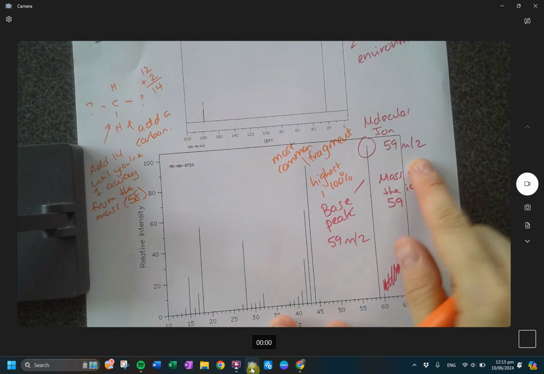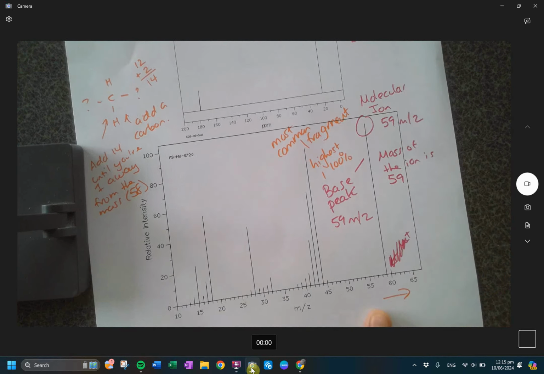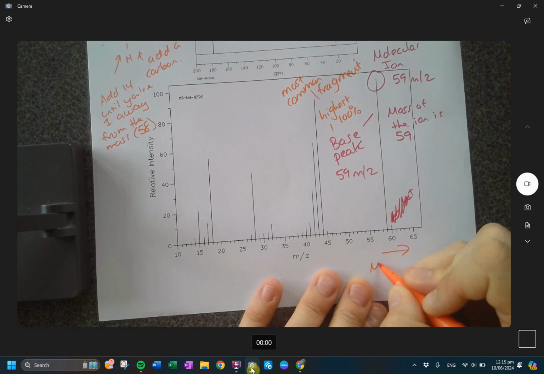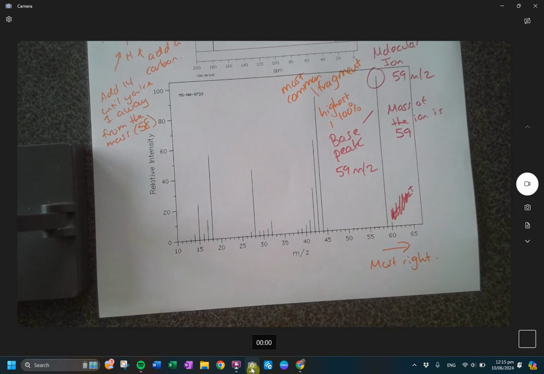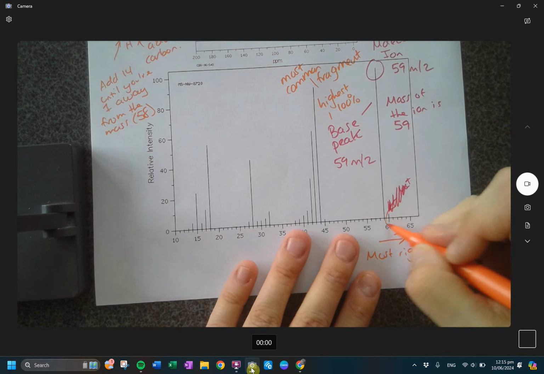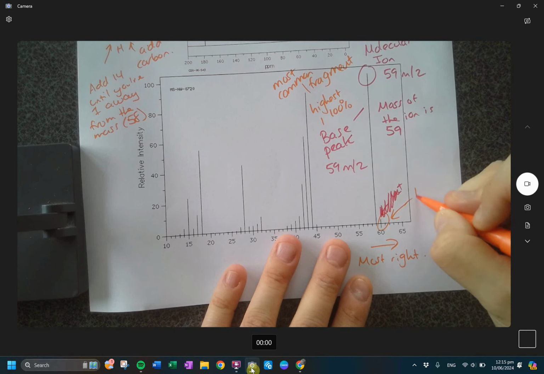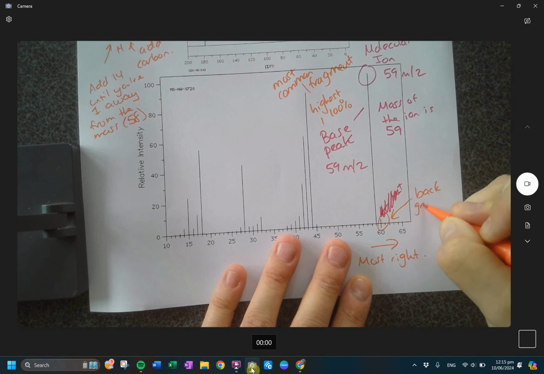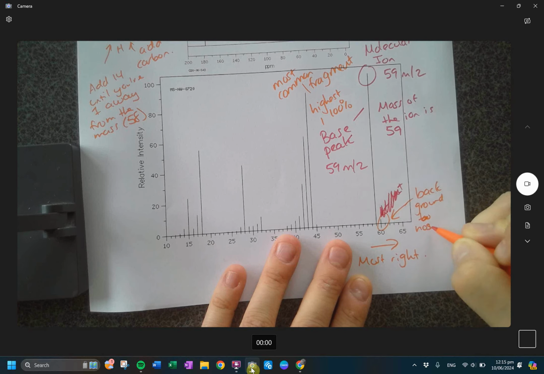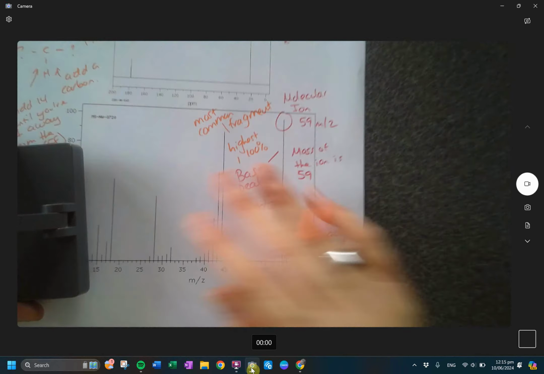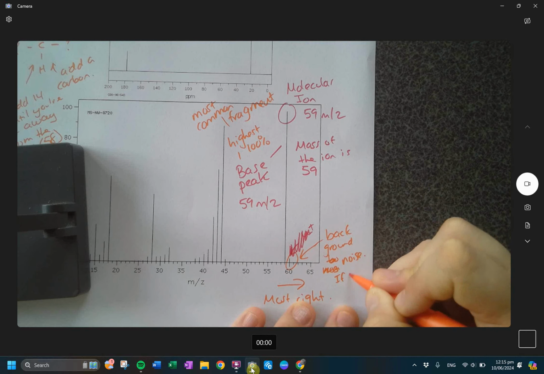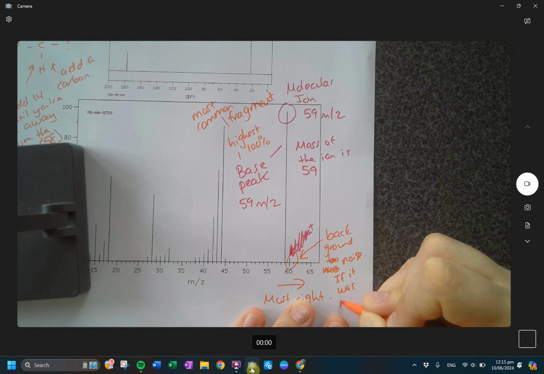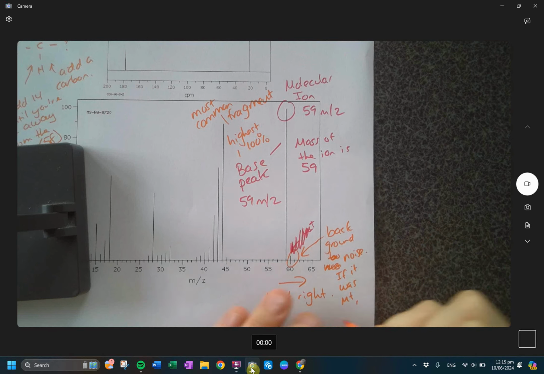The molecular ion is going to be the one that's furthest to the right. If it's not clear, I will label it. Just be mindful that this here is background noise. If it was the molecular ion, it would be labeled.